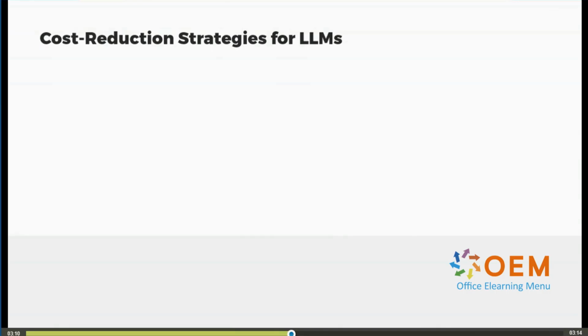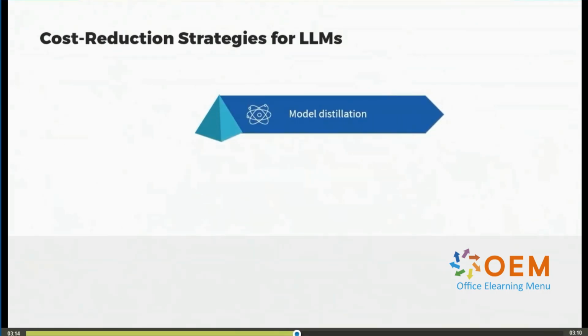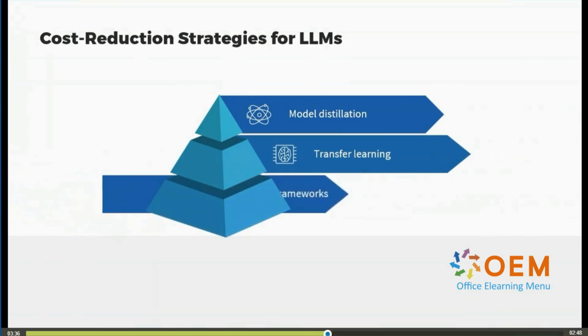So here are some effective cost reduction strategies. Model distillation. This involves creating smaller models that retain the knowledge of larger models. These smaller versions are faster and cheaper to run while maintaining good performance. Transfer learning. So by using pre-trained models and fine-tuning them for specific tasks, organizations can reduce the time and resources needed for training.